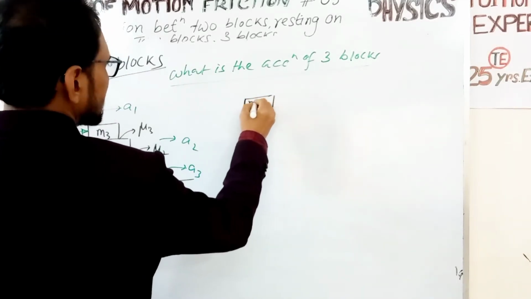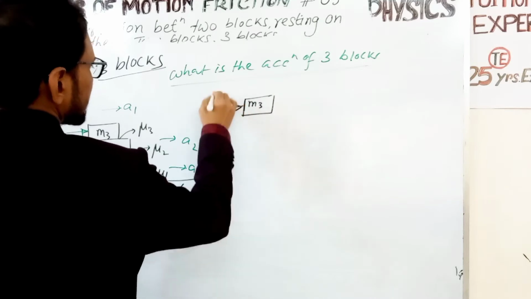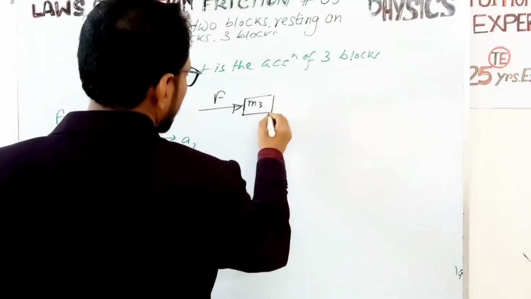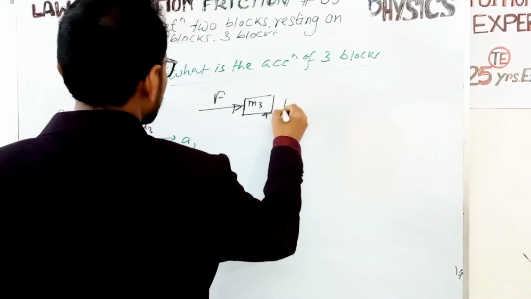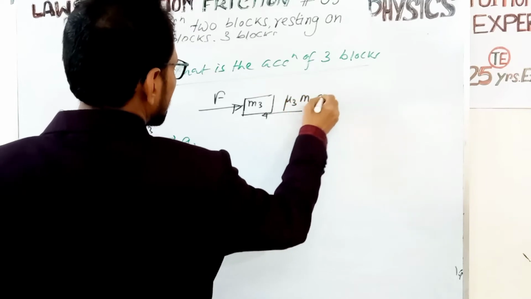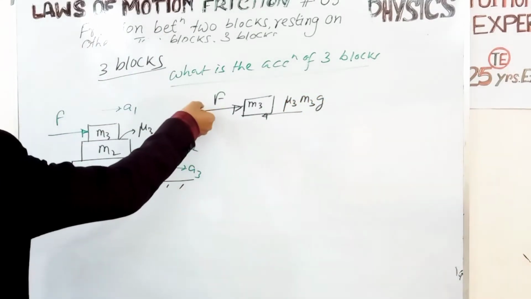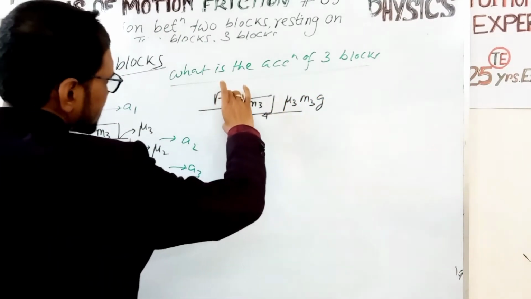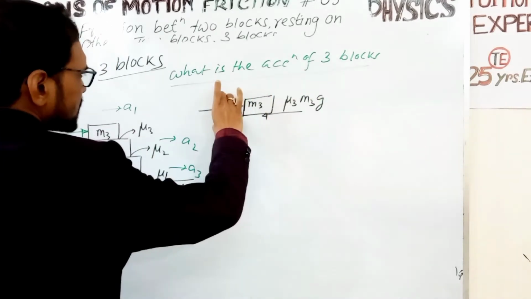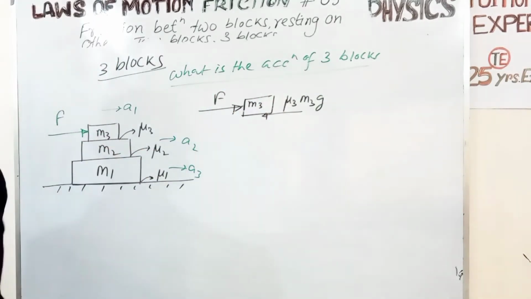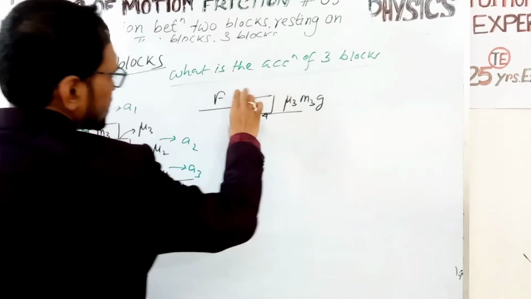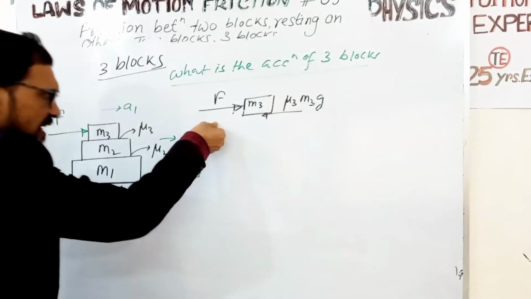So for M3, this is the external force. The friction force acts in this direction, which is equal to mu3 M3 G, because force is applied on M3. So M3 first tries to move over the M2. So if the block moves in this direction, then friction acts in this direction.